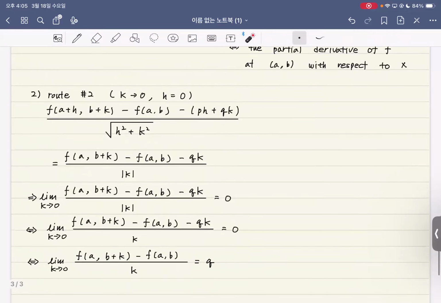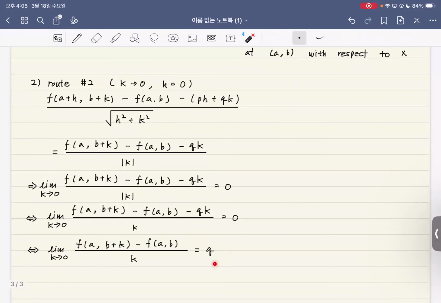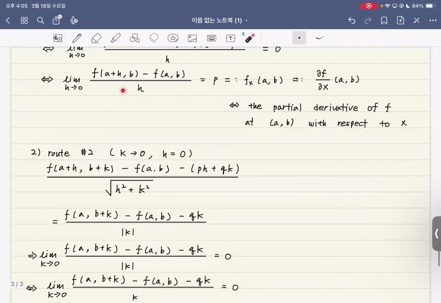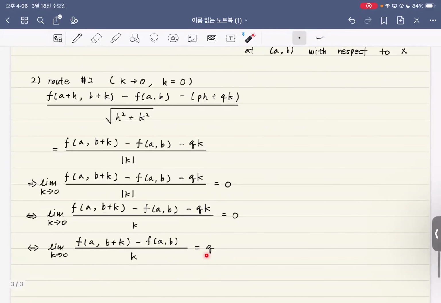So I just ended up with almost the same equation as before. Compare this with this. Previously, we considered the y coordinate to be fixed, and we took the differentiation only for the x variable. Now, in order to get q, we do the opposite. The x coordinate, which is a, is fixed, and we take the derivative only for the y coordinate, right?